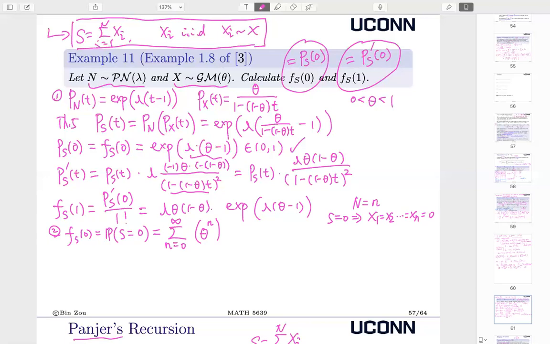The very first trial is a success event, and I know the probability of seeing a success event is theta. That is why I raise the power to n, because I want all n X's to be 0, because here is the weighting. So I want all of them to be 0. So the first thing I see is success. Okay, and I also know the probability of N equal to small n is e to negative lambda times lambda to the n over n factorial.